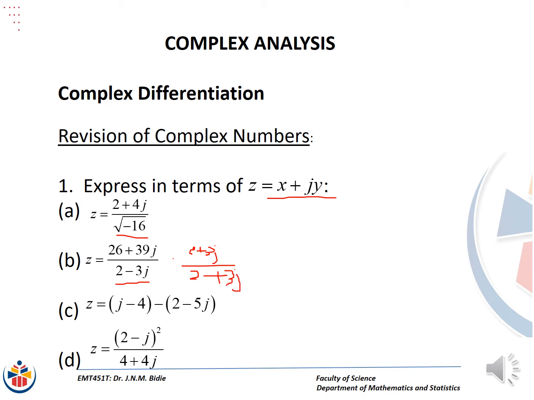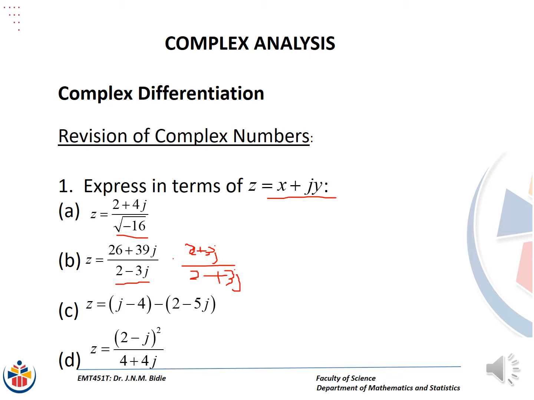We just multiply by this, simplify, and we know that 2 plus 3j times 2 minus 3j will give you 4 plus 9, which is equal to 13. So your denominator is 13. Then make sure to separate the terms so that we have an x plus jy expression.